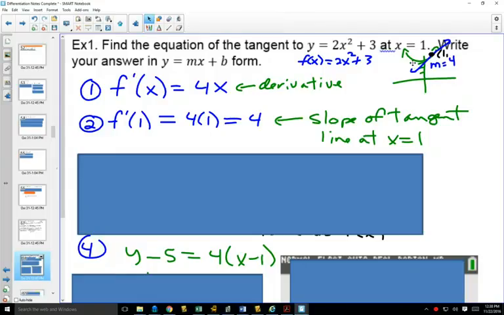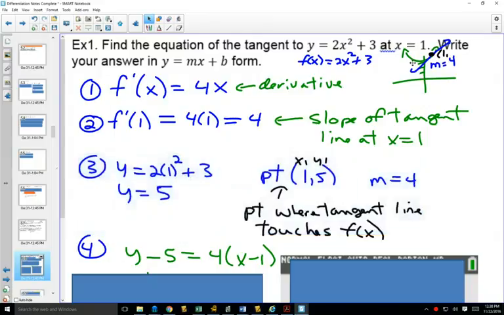Yeah, we can just put x equals 1 into our original equation, because that's how you'd find any point on your graph. And when we do that, we find out that this point was 1 comma 5. And that point is exactly where that tangent touches that curve.